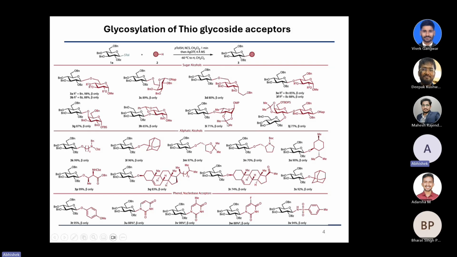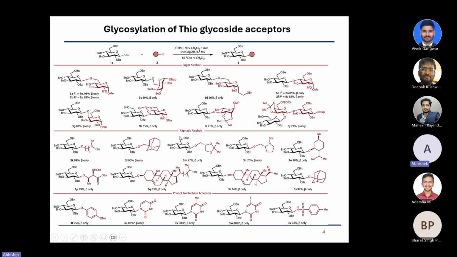He mentioned that in all these there are protecting groups, benzylidene as well as propylidene. Because of the acid released from the acceptor, the yield is affected. He also mentioned that this can be mitigated by addition of a proton scavenger like TTBP.